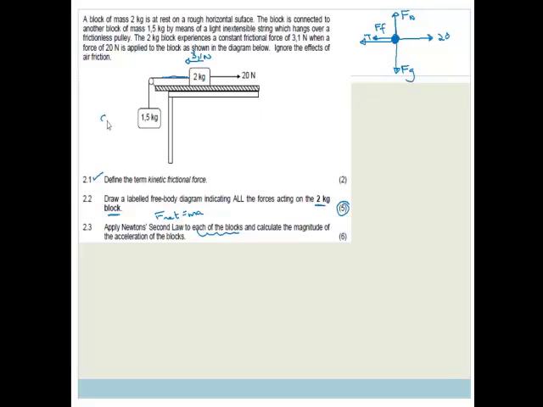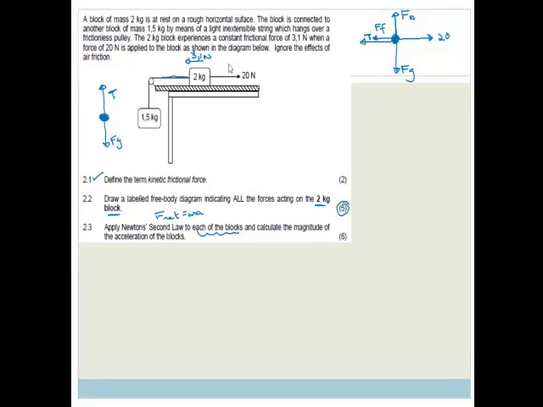The free body diagram here is going to be the force of gravity and the tension up. And do you agree that this tension here is equal to this tension here? So yeah, they've been sneaky. They haven't asked you to draw 2 free body diagrams so you could realize that that tension is equal to that tension. They've actually made you try and realize that you need to do it by saying that you need to apply it to each of the blocks.